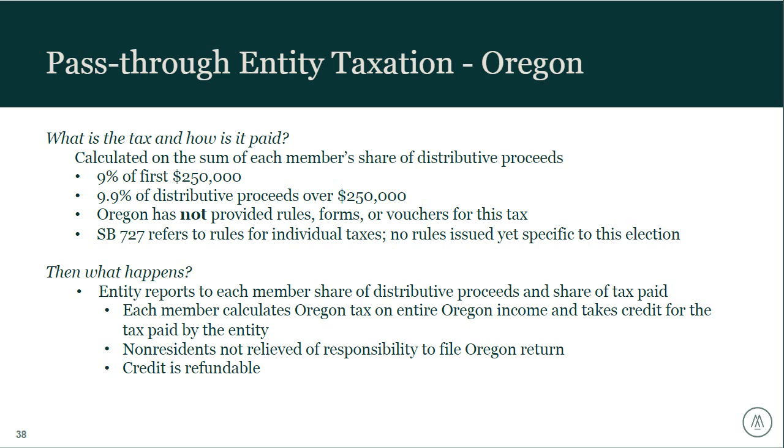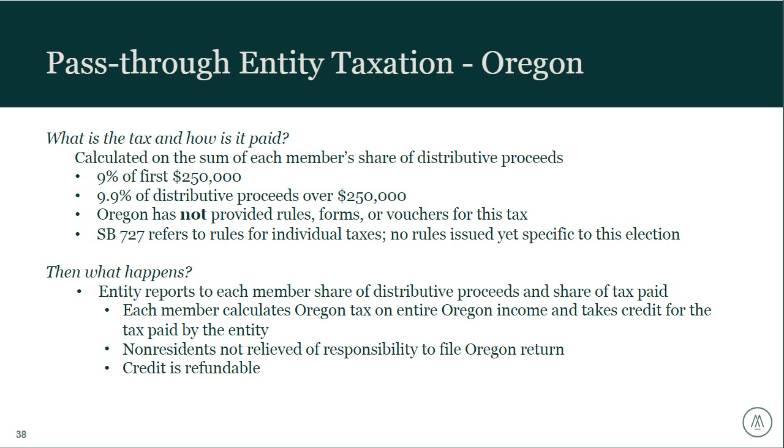Then each member computes Oregon tax on Oregon income and takes a credit for the tax paid by the entity. Unlike some other states, a non-resident, even one whose only Oregon activity is being a member of an entity that makes this election, still needs to file an Oregon non-resident return, calculate Oregon tax, and then take the credit.